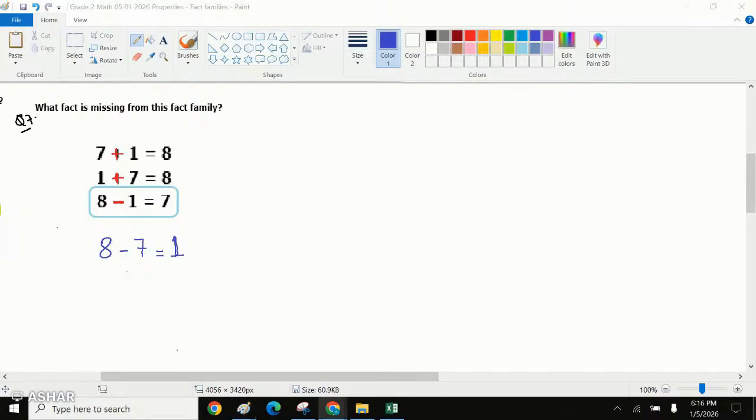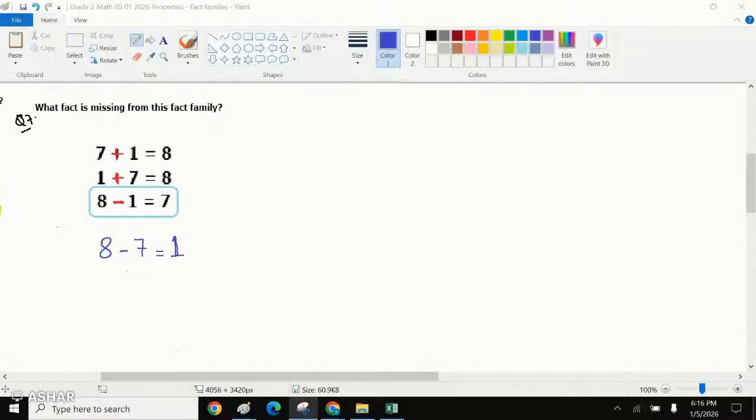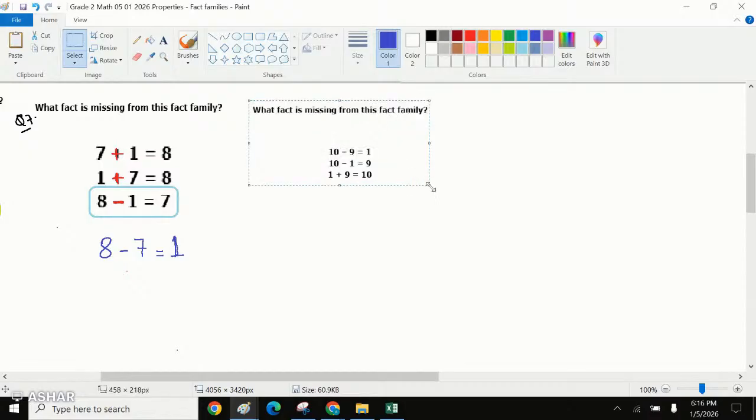The next question we have is, it says, what is the missing fact family for these 3 equations? I'll just write down the 3 equations. Find the missing fact family. Okay, let's do something with this question. Okay, what I'll do is I'll remove this also.